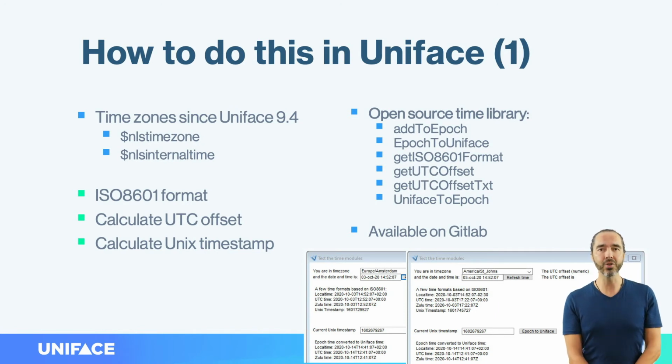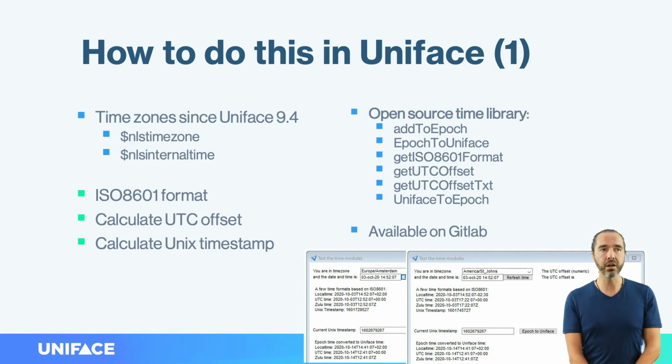So how can we do this all in Uniface? Working with time zones can be done since Uniface 9.4. By default, it is switched off, and you can turn it on if you want to use it. Documentation is very good about it.